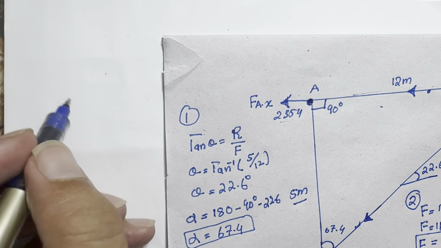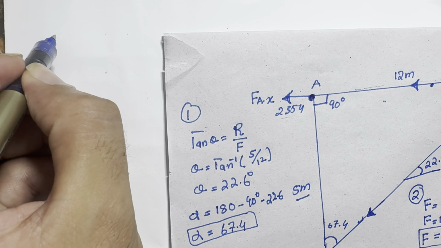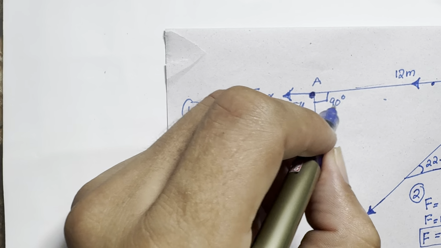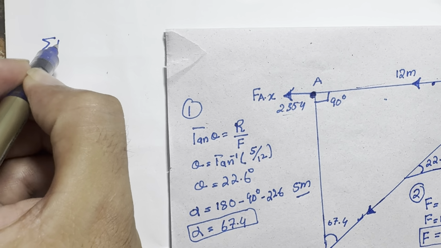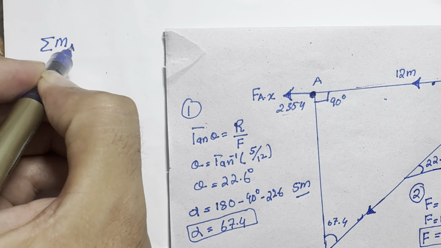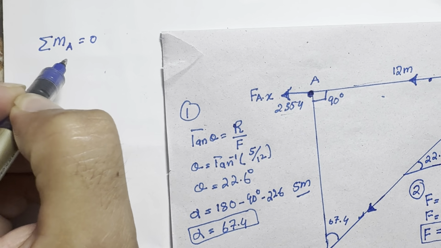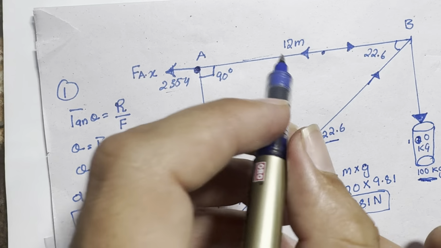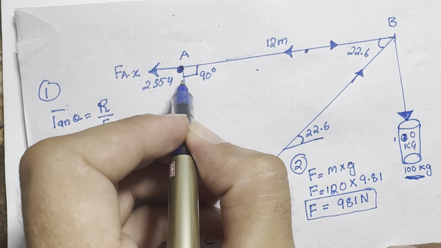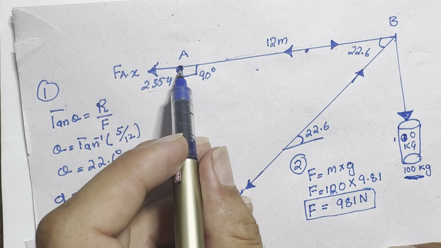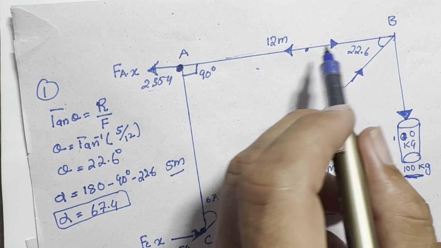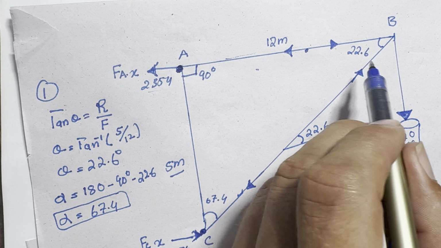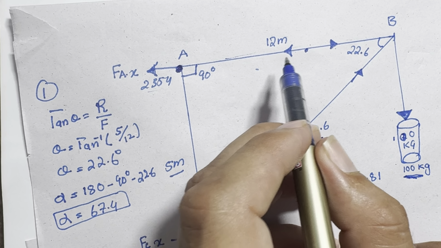Now for the summation of moment, I take this point, which is summation of all moment at point A equal to 0. If I take this point, the moment at this point is 0, so this force is exerted at a distance of 12 meter.